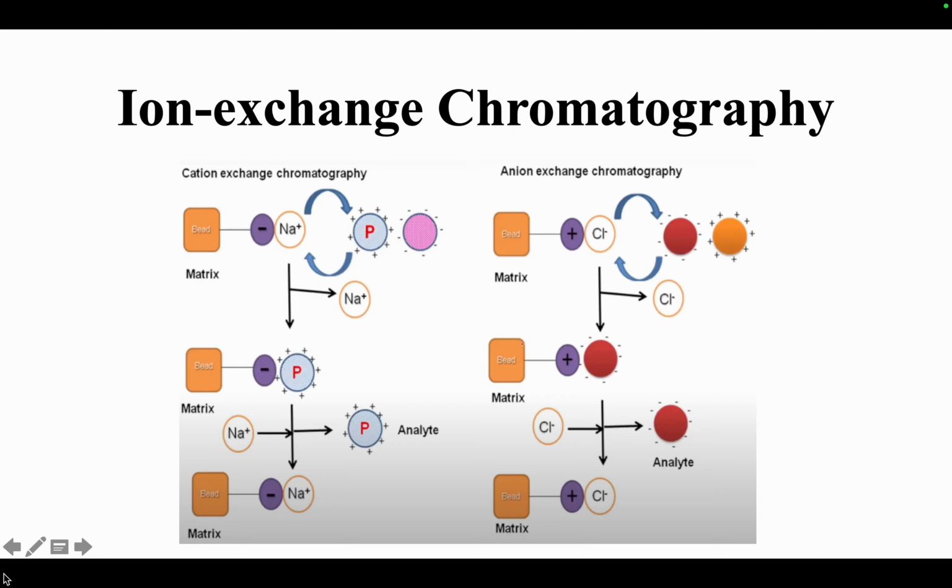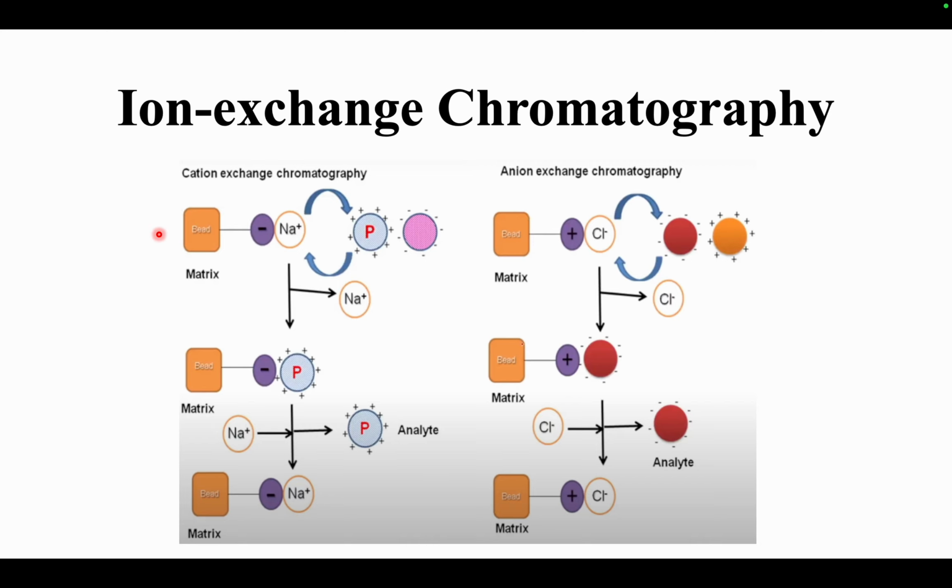So this is the detail. This is the cation exchanger chromatography. As I mentioned, in a cation exchanger our matrix will be negatively charged, and here we have a sodium ion bound to it.